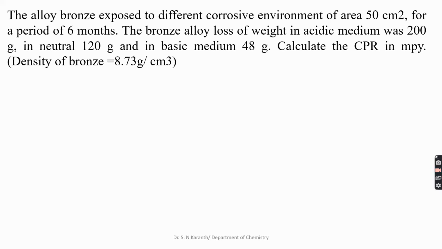Okay, so if you want to calculate it in terms of Mpy unit, then the area should be in inch square. The area given here is in terms of centimeter square. So you know 1 centimeter square is equal to 0.155 inch square. Okay, you have to take this change.